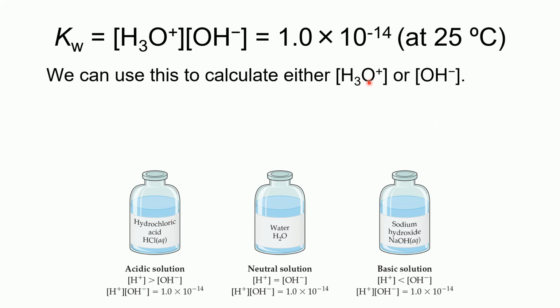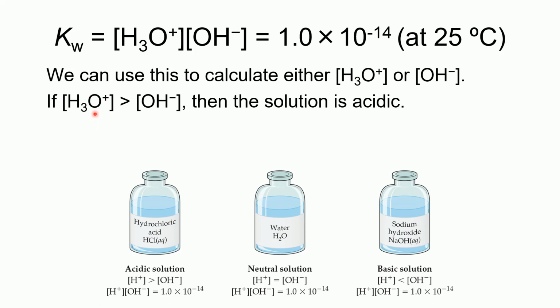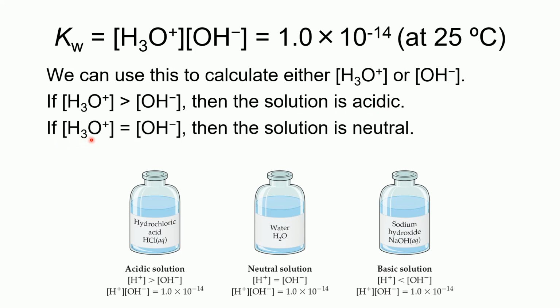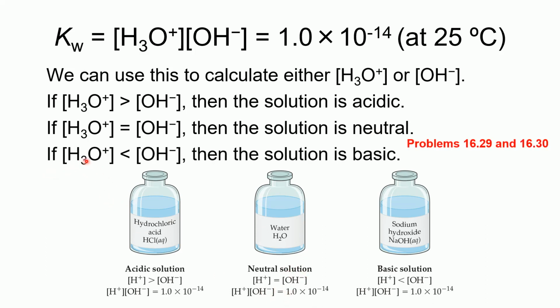We will find if the hydronium ion concentration is greater than the hydroxide, then the solution is acidic. If hydronium is equal to hydroxide, the solution is neutral, and in pure water, that is going to be the case. And if the concentration of hydronium is less than hydroxide, the solution is basic.